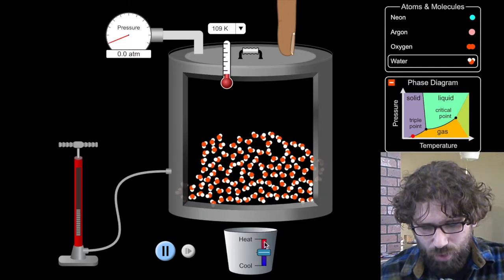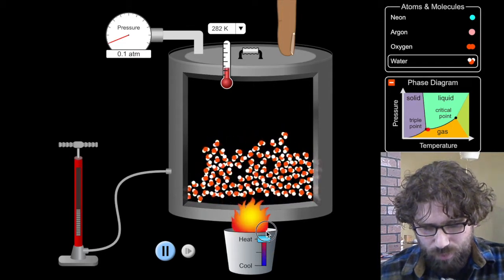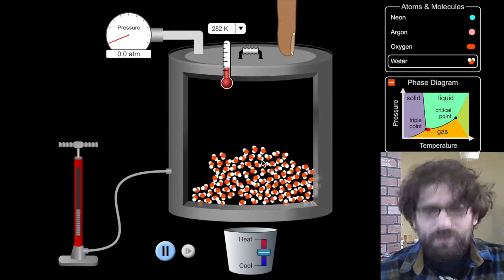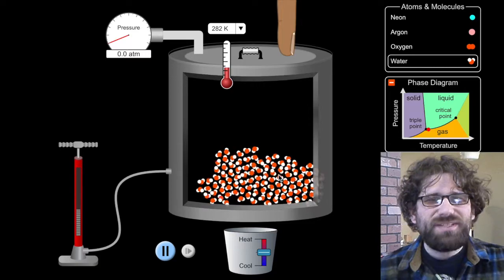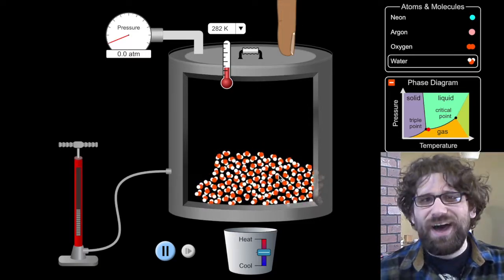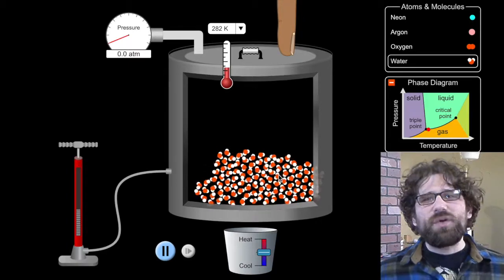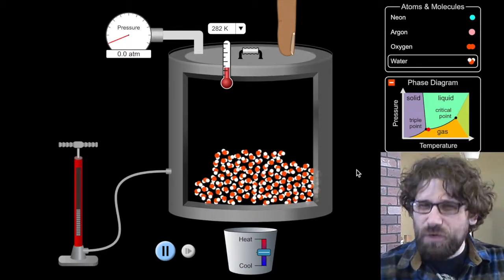This is solid water. But notice, when I heat it up, get it to become a liquid, it condenses. It becomes less dense. Water is one of the few materials that actually becomes less dense when it freezes, which is why ice floats. Like, it's so common that we don't think about it, but ice floating is really weird.